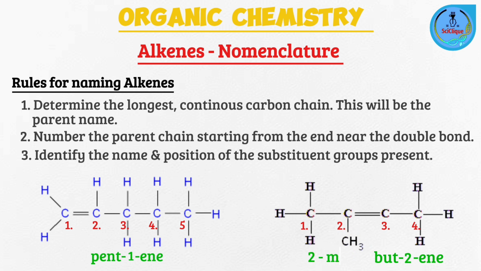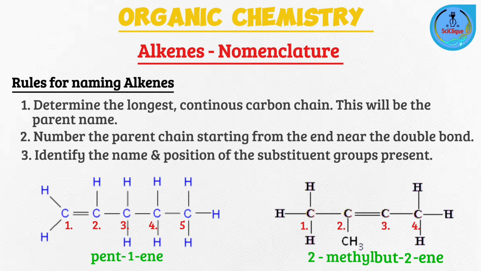So 2-methylbut-2-ene. Now guys, allow me to remind you of the following. We use hyphens to connect numbers to names, as is the case. So as you can clearly see here, we are connecting the numbers to the names using a hyphen. But if you have numbers, then we separate them using commas.